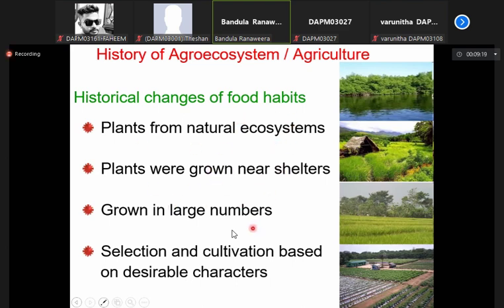If you can remember these major 4 steps we have discussed during our previous discussions. So, due to some problems we have faced during the search for food in natural environment, we started growing plants near our shelters, residencies, and then later on, that cultivation we have done near our residencies in order to fulfill our own requirement, that were not sufficient enough, and we had to start the cultivation of the plants, crop plants in large scale.